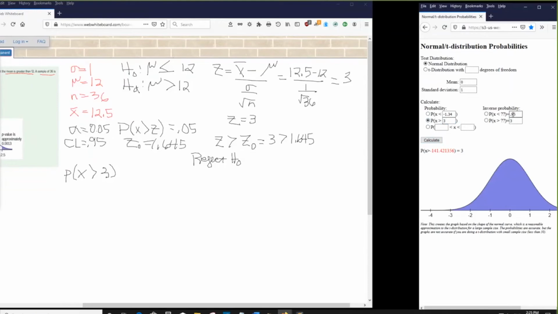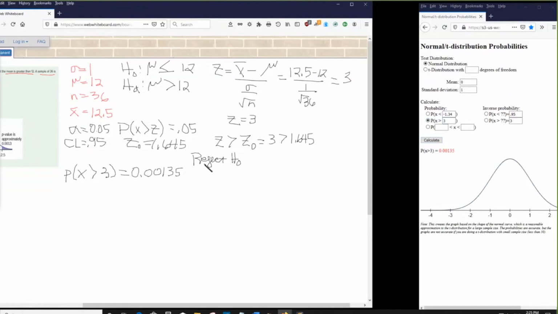Before I was looking at the percentage. Now I'm looking for the z as an actual point, so that's why I'm using this one. And then this is going to tell me that my probability is going to equal 0.00135.